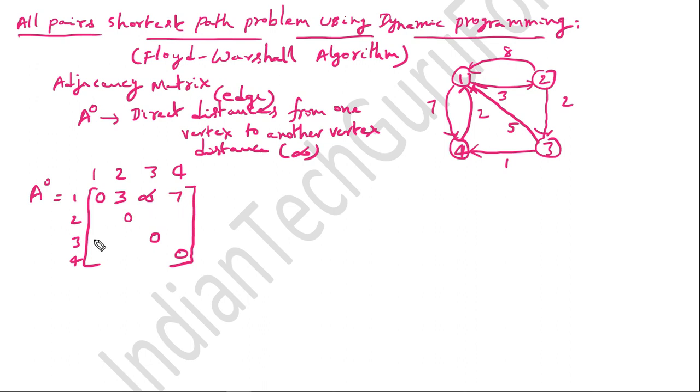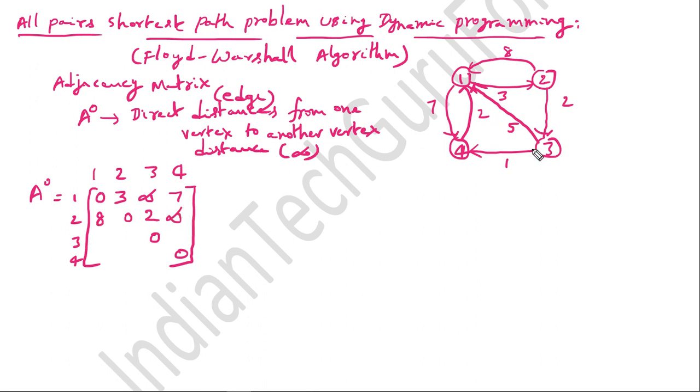Next, from 2 to 1, there is a direct edge and the distance is 8. From 2 to 3, there is a direct edge and the distance is 2. From 2 to 4, there is no direct edge, so it will be infinity.